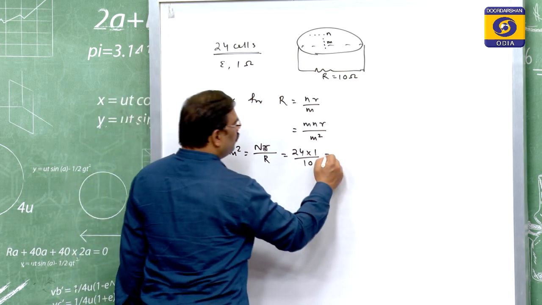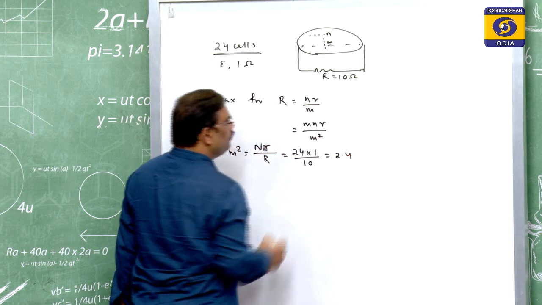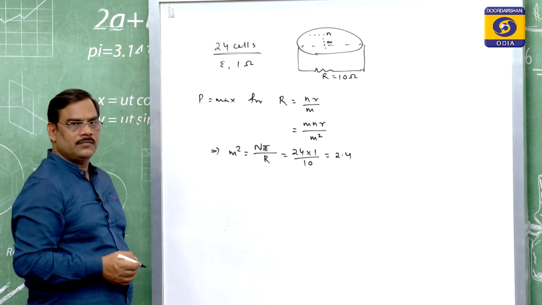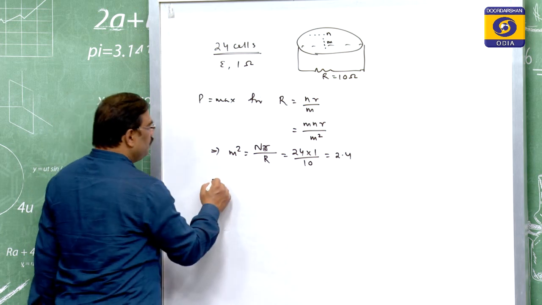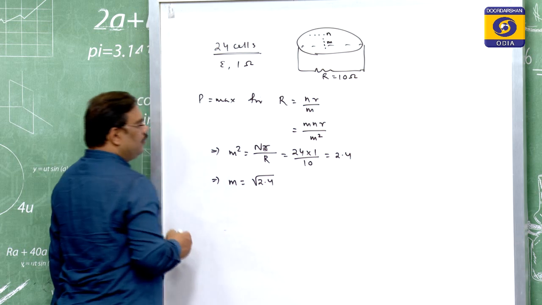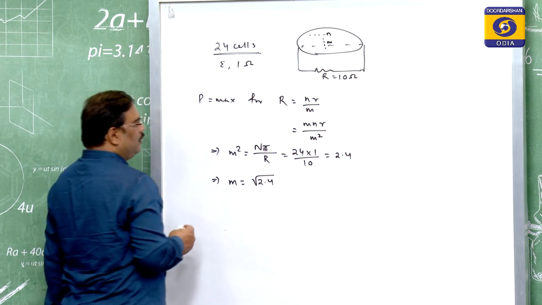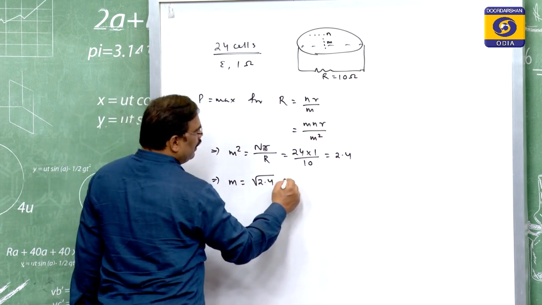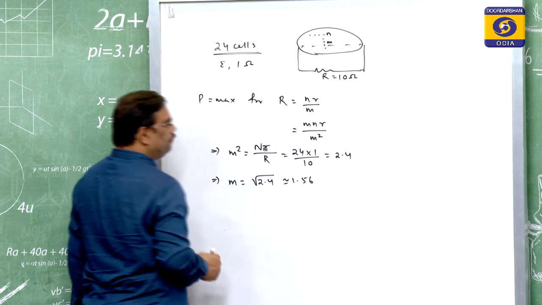So, this is equal to 2.4. Therefore, m equal to square root of 2.4, which is nearly 1.56.